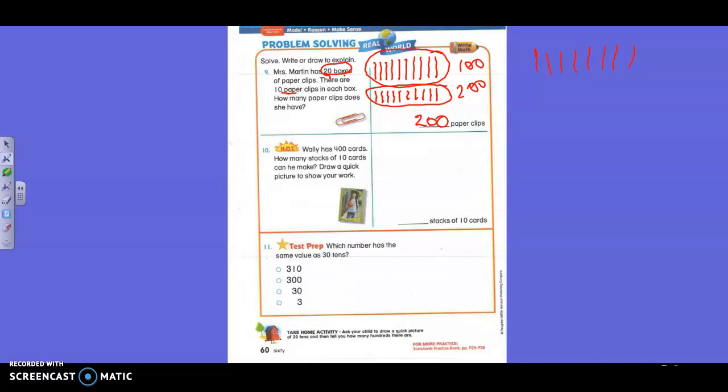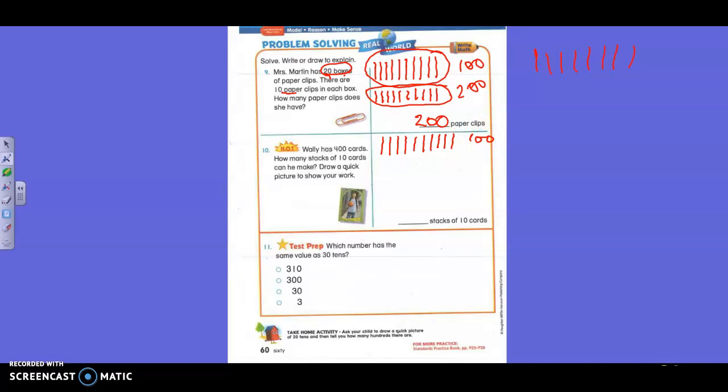Well, we can just count by tens and see. 10, 20, 30, 40, 50, 60, 70, 80, 90, 100. Okay. That's only 100, right?